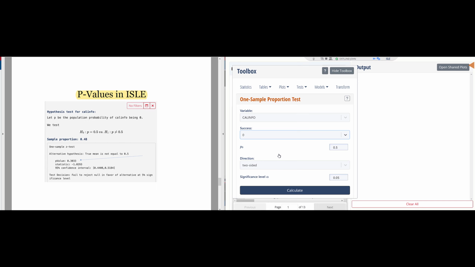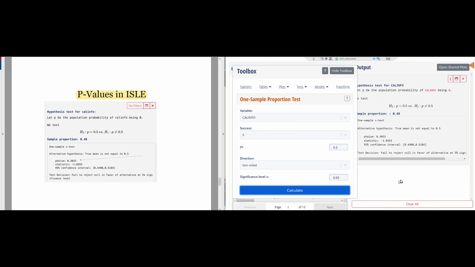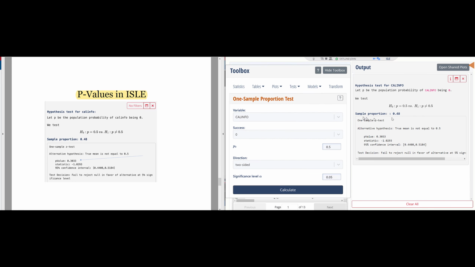But we expect the proportion who were and the proportion who were not to both be 0.5. This is a two-sided test because we're interested in testing whether the proportion is far away from 0.5. And now I will do my calculation and scoot this toolbox window over.